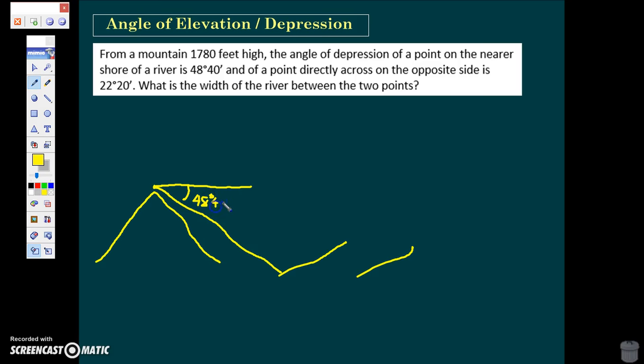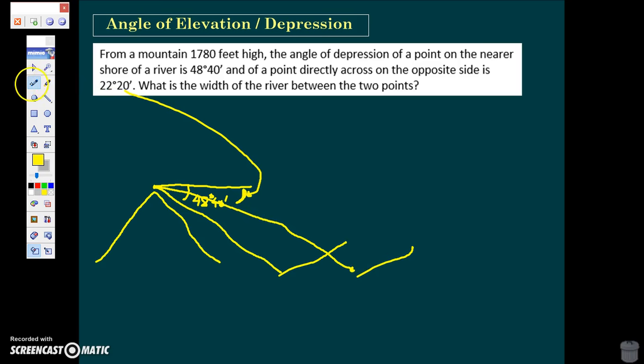Then the angle of depression to the point directly across on the opposite side is smaller, so let's say this must be that angle, 22 degrees 20 minutes.